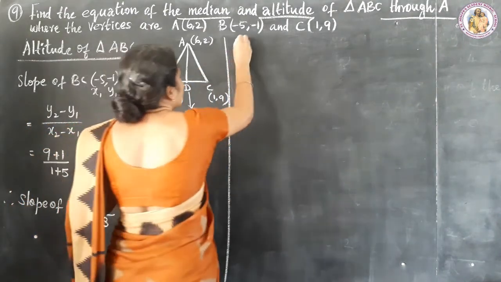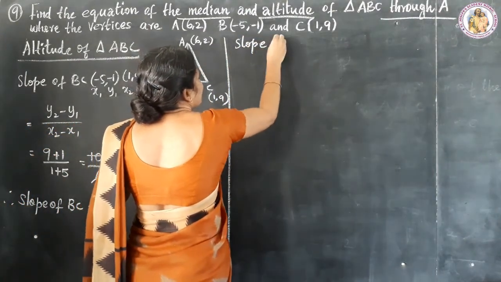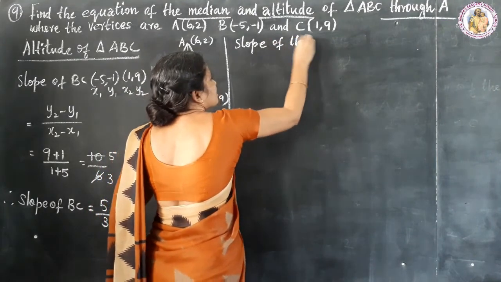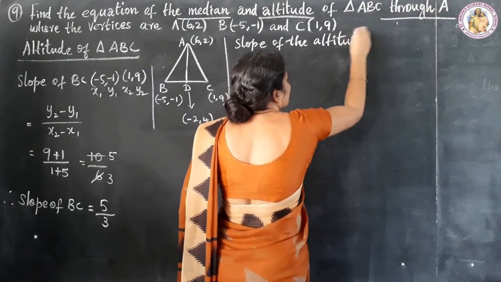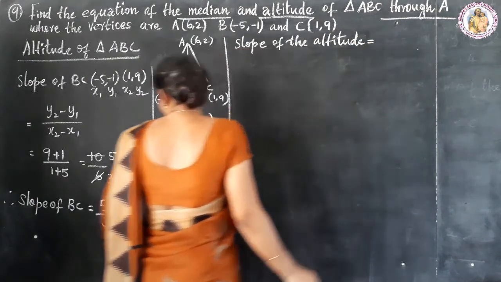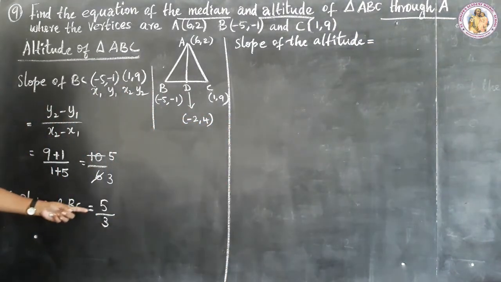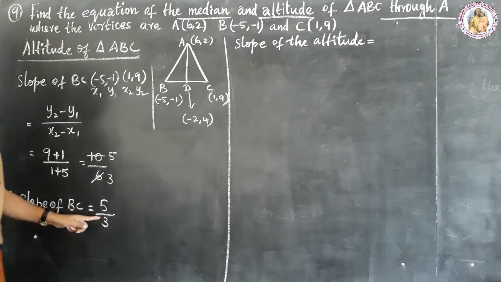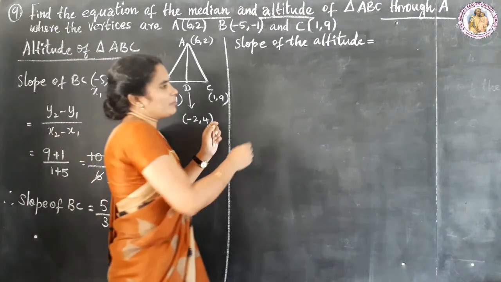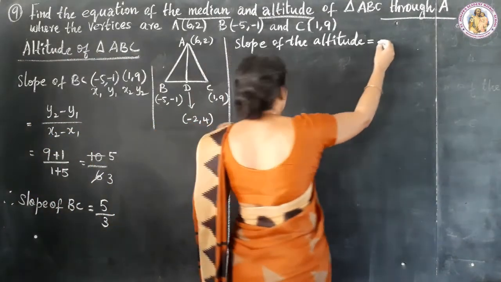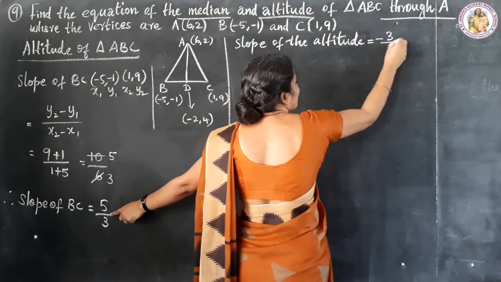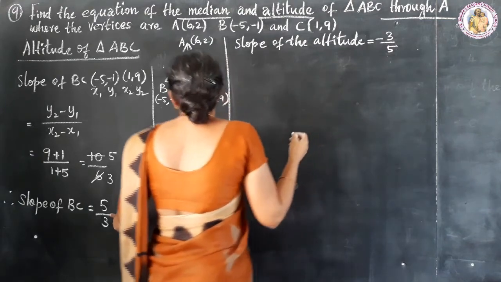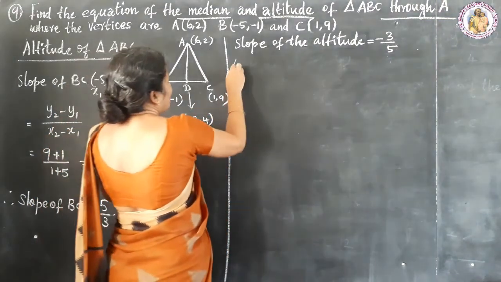Now the slope of the altitude. We have the slope of BC equal to 5 by 3. As you know, m1 into m2 is equal to minus 1, so the slope of the altitude will be minus 3 by 5.